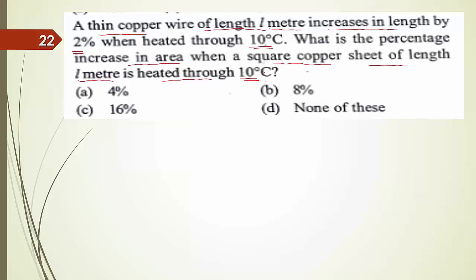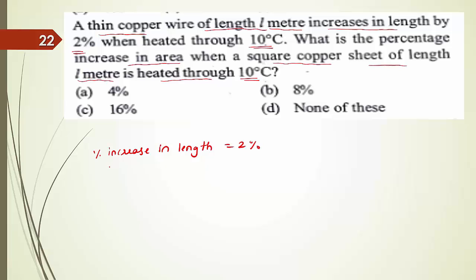Percentage increase in the length is given. Initially it is L meter. When it is heated at 10 degrees Celsius, there is an increase in the length of the copper wire, that is 2%. So we can write percentage increase in length is equal to 2%.